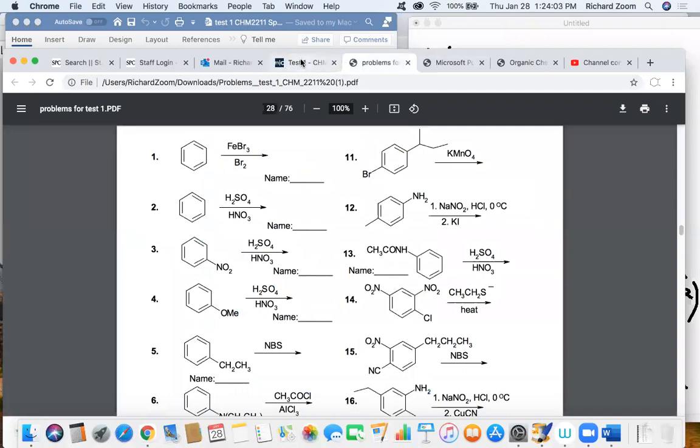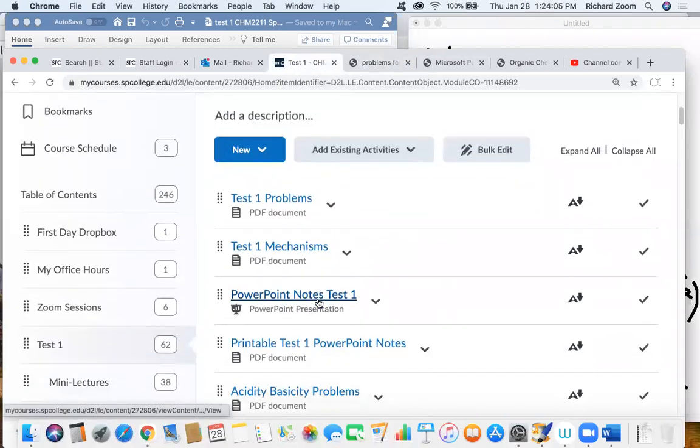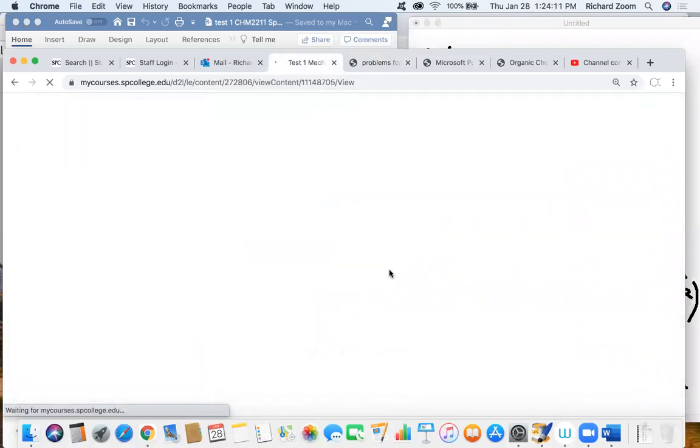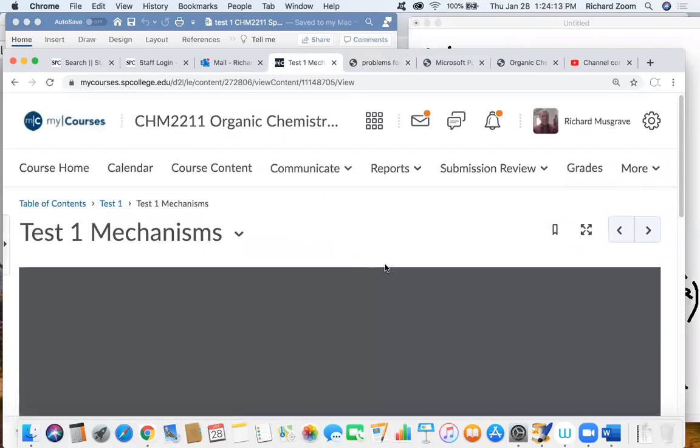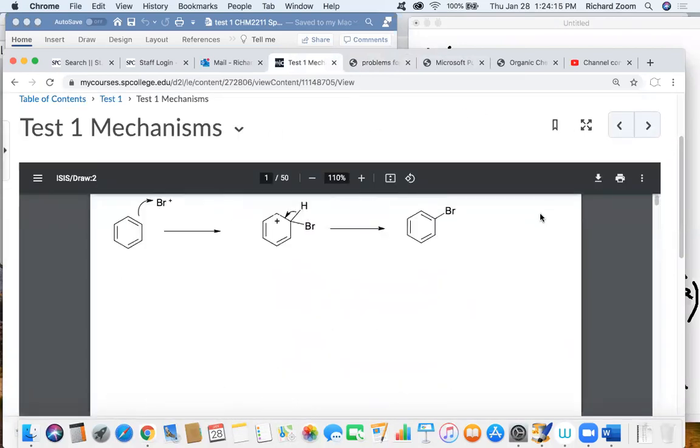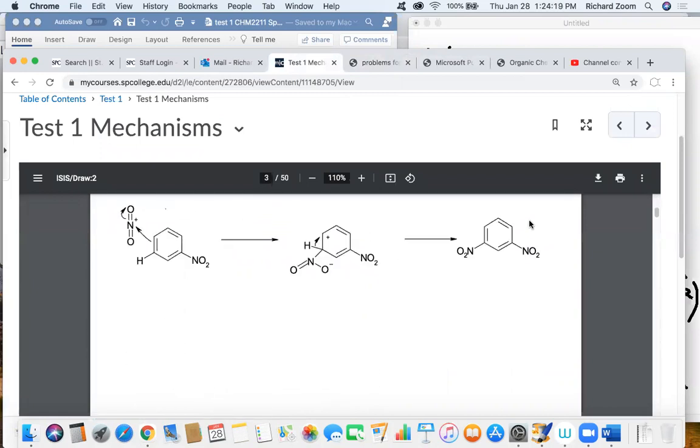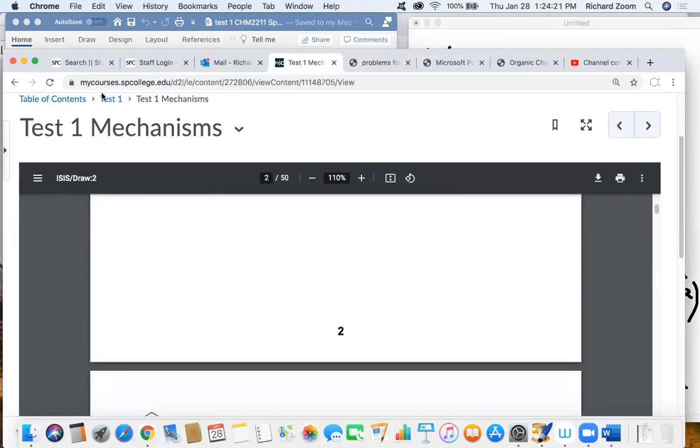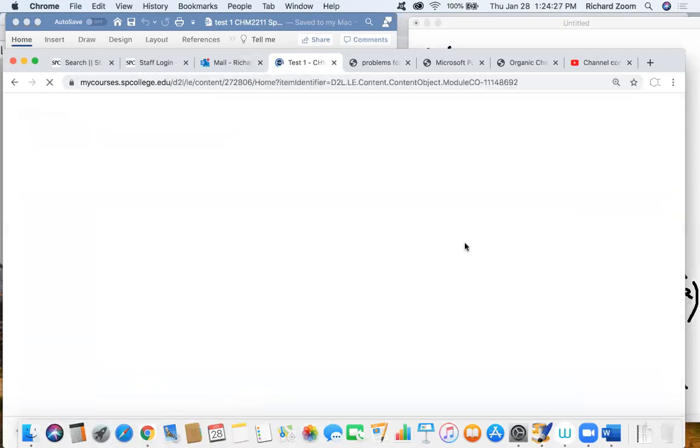But we also have here the mechanisms, and these are the mechanisms for all of those problems, one per page. The complete mechanisms for each of them. So my advice about studying for this, and many of you are not going to like my advice, but this is the way I suggest you do it.